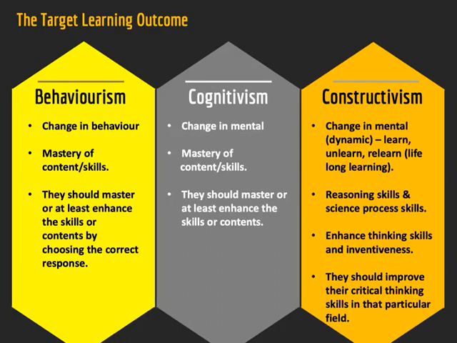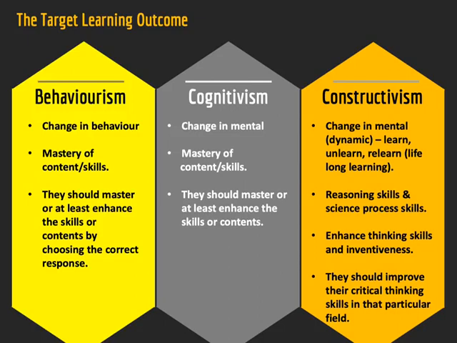Next, what are the comparisons in terms of the target learning outcome between these three learning theories? Behaviorism aims for the change in behavior, including the mastery of content or skills, where learners should master or at least enhance the skills or contents by choosing the correct response.